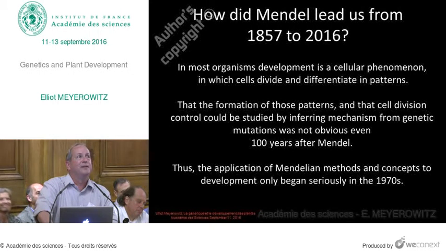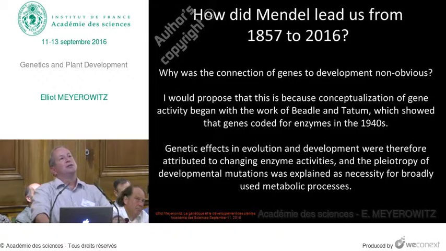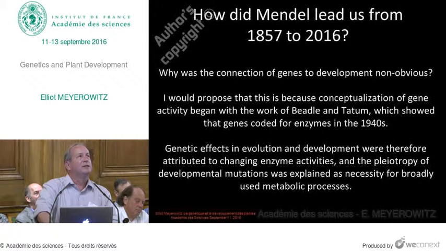Why is that? Why was the connection of genes to development non-obvious? And I would propose that this is because the conceptualization of the gene that we heard about in Guéant's lecture began with the work of Beadle and Tatum, which showed that genes coded for enzymes. And enzymes are catalysts.